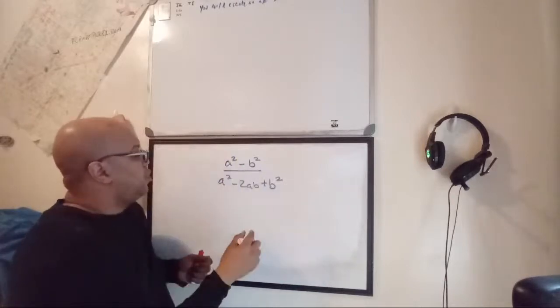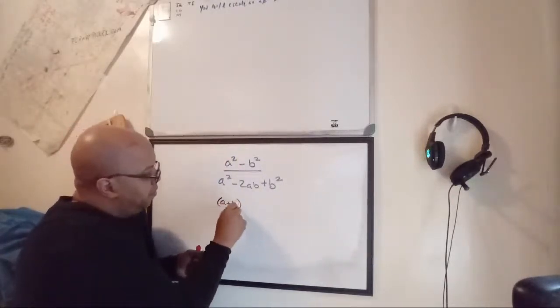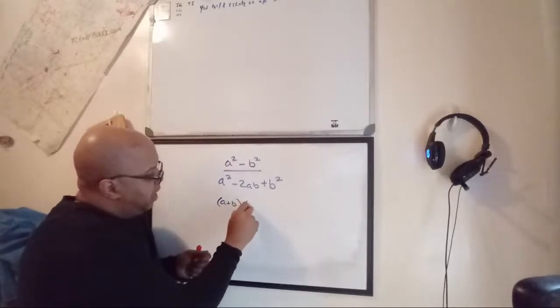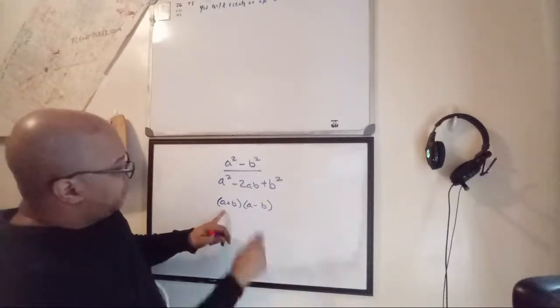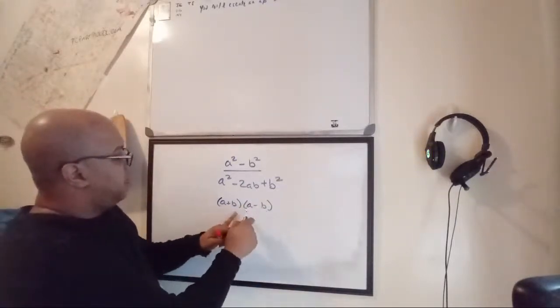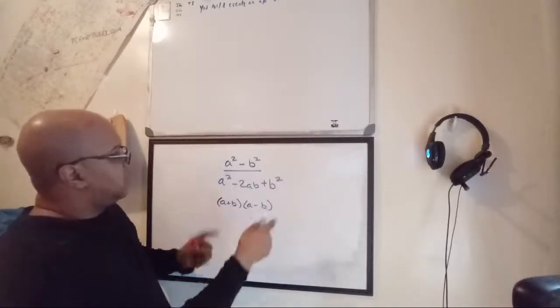This was FOIL too as well. I see a plus b and a minus b, because we FOILed the first two terms, a squared, then the opposite, negative ab plus positive ab, cancels out, and then the last two. So that's how we got that.